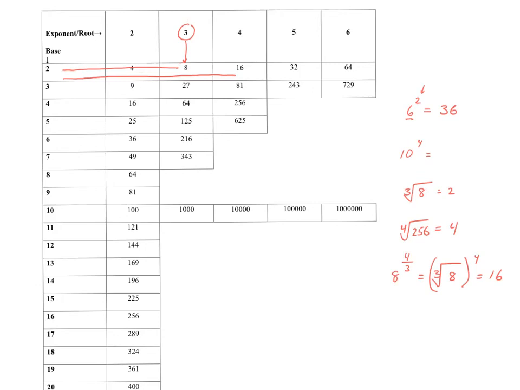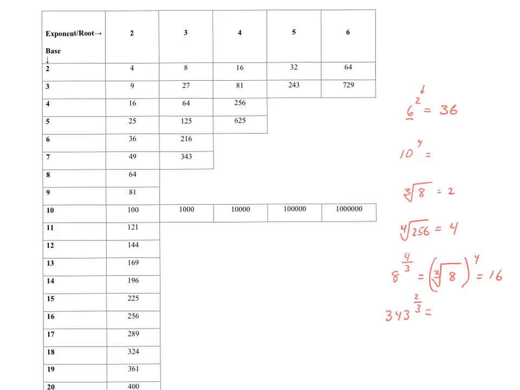Let's try another example. Let's say I want to evaluate 343 to the 2/3 power. Well, I'm going to be honest with you. I don't want to go ahead and convert this into radical form first. So let's just work right from the fractional exponent. So what I'm going to do is I'm going to take the third root of 343.